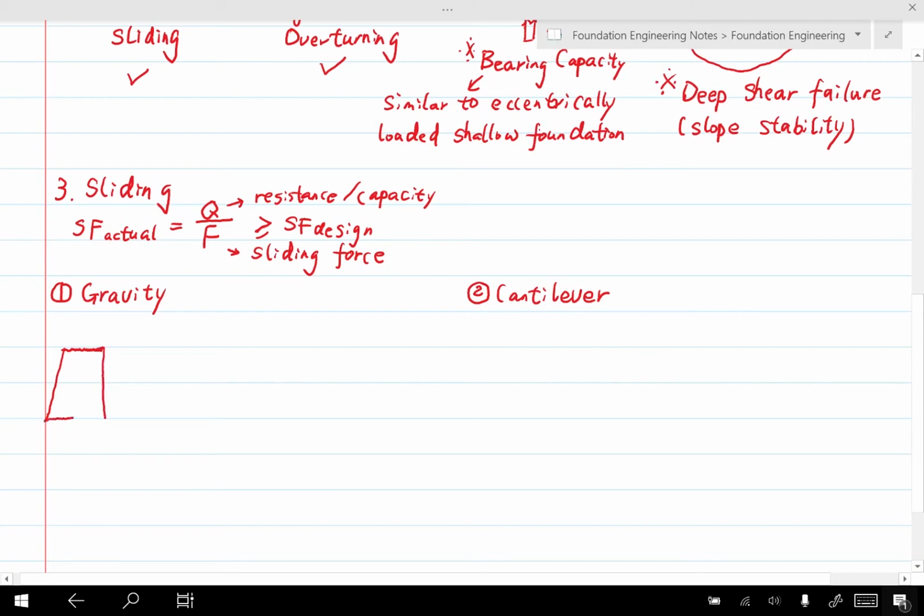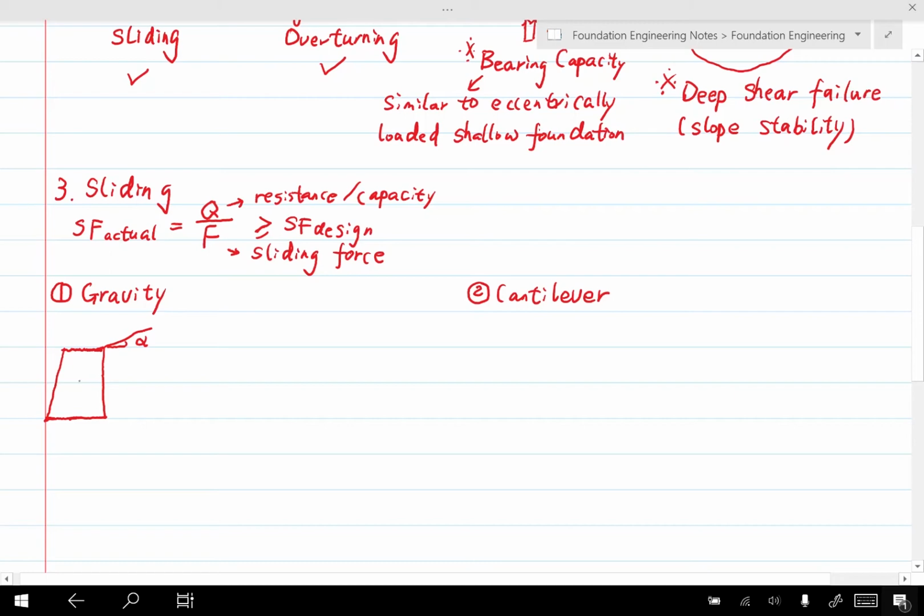We will start with a simple case. So we have a vertical back for this wall, inclined backfill, and the angle is alpha. For this one, we have gravity. So in order to get this actual design safety factor, we need to figure out the Q and F. So let's take a look at the static equilibrium of this wall.